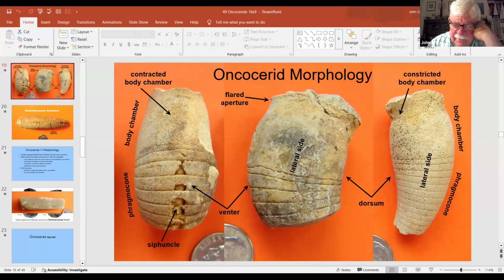I've got to believe that these guys actually fed better than Nautilus. Nautilus is more of a predator. It'll take a lobster shell and crunch it up, and it'll use that to chemically help it make more shell and the partitions. But I think these guys filter fed, processed mud. I think these guys fed very well, so their chambers would be more or less fairly uniform. You can see this in this one here.